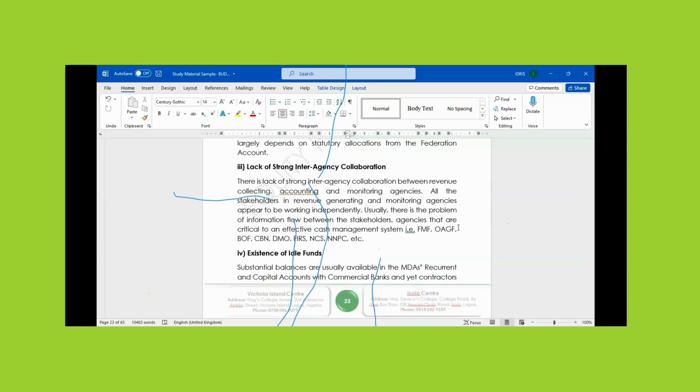Some of the reports the Federal Ministry of Finance has may be different from the report the CBN will have. The statistics they give will be different.